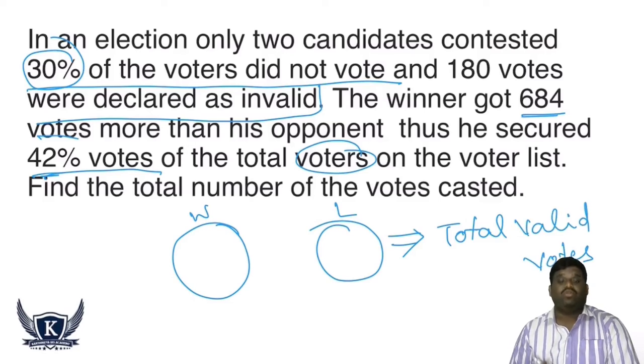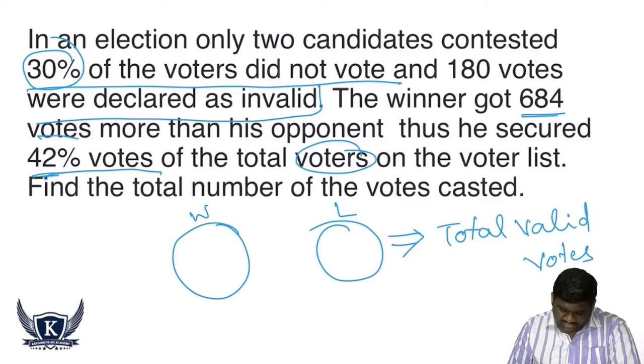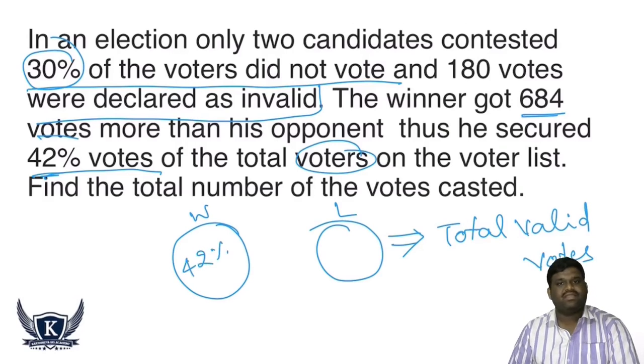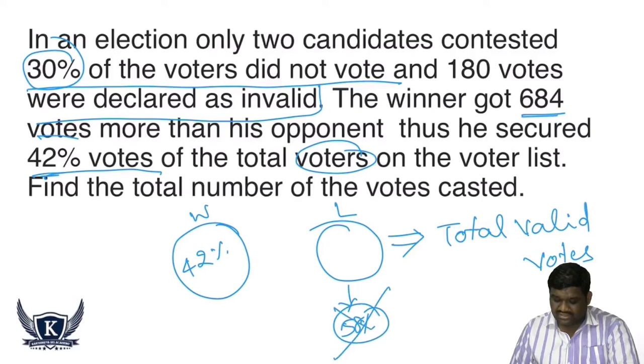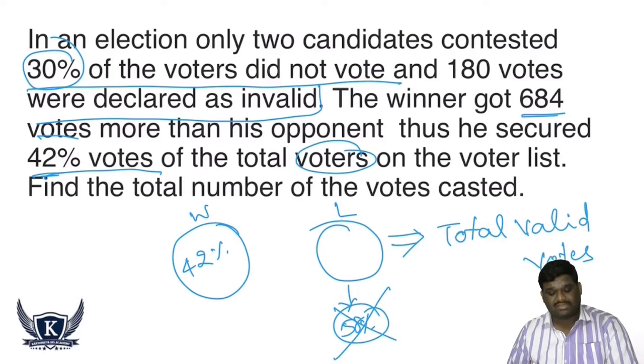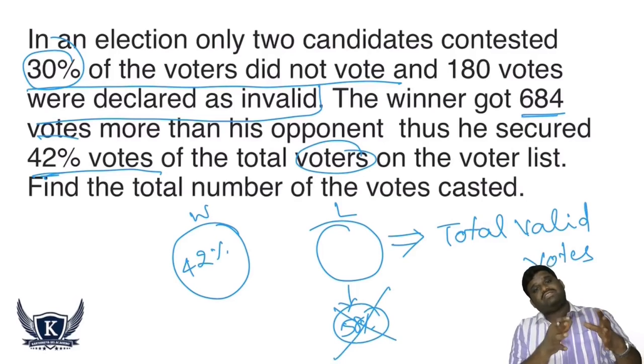If you observe carefully, it can be taken as 42%. This doesn't mean that this is 58%. No sir, this is not 58%. Why is it not 58%? 30% of the voters did not cast their vote. So there is no chance of taking 58% of this.